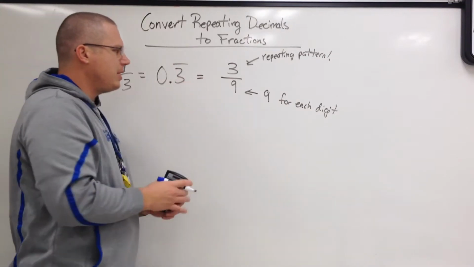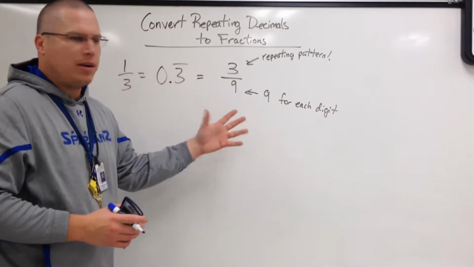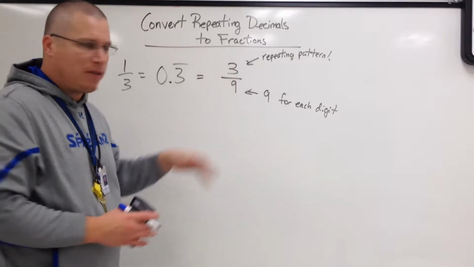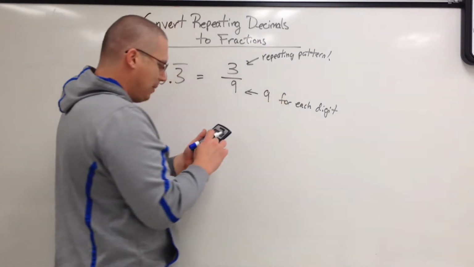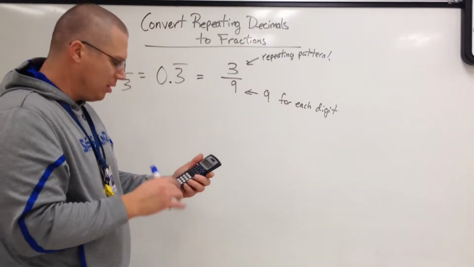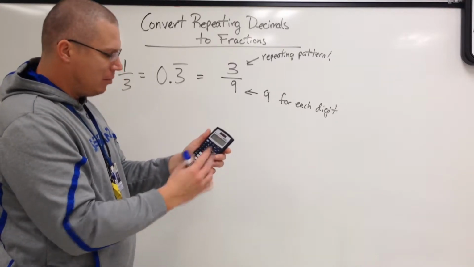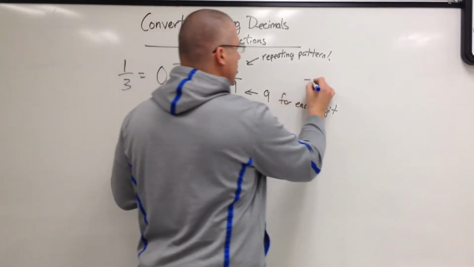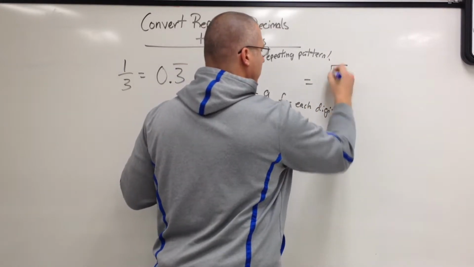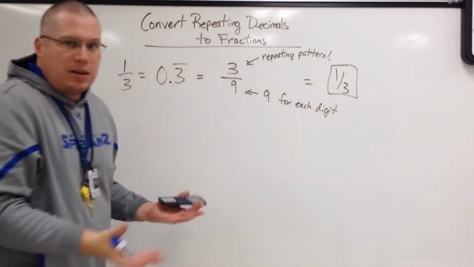Now, when you look at this, you say, well, wait a minute, this isn't 1/3. Yeah, but it can be. This is 3/9. Now, the last step of this is to make sure that it's in lowest terms. All you have to do is take your calculator, 3 fraction 9, hit equals, it automatically simplifies or reduces, and you get 1/3. So it does work.